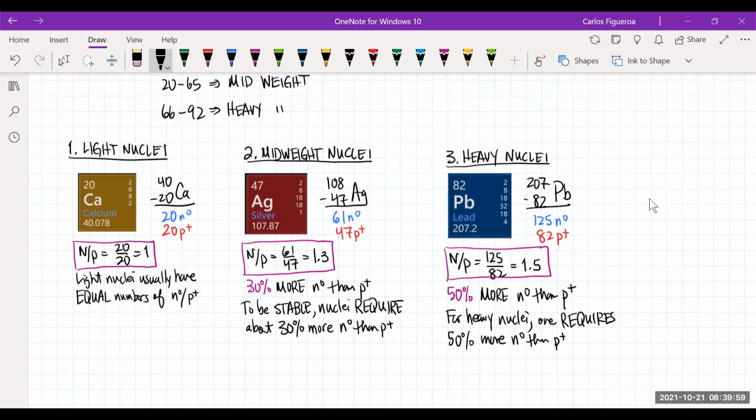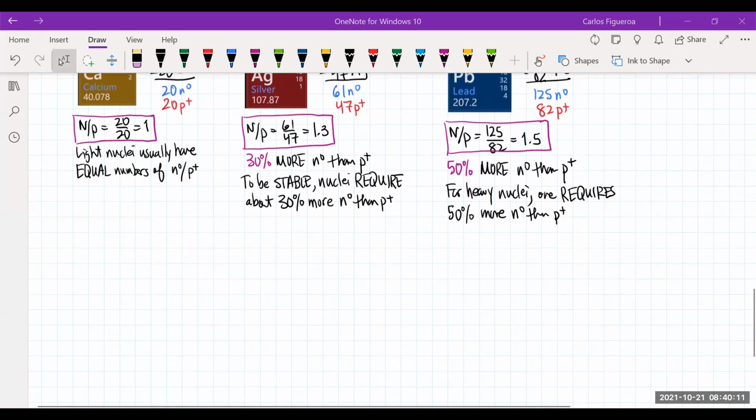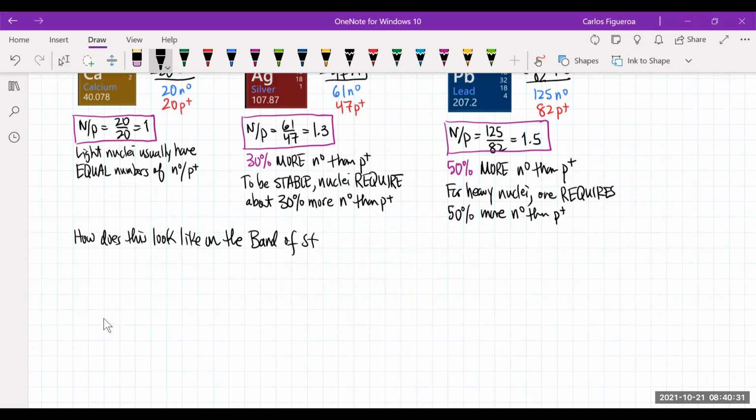So if I come into the band of stability now, if I look at the band of stability, what do these numbers show here? How does this look on the band of stability?